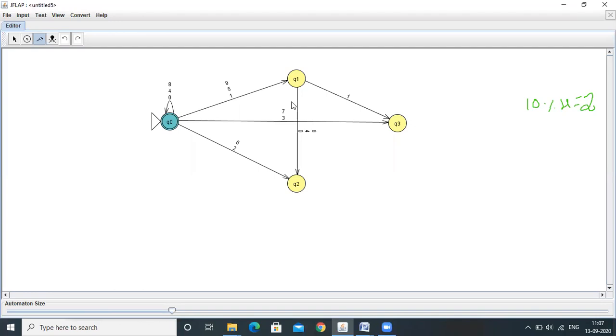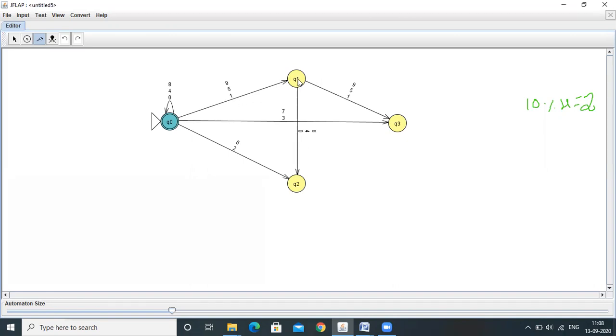Q1 on 5 gives 15, remainder is 3 only. On 9 also it is the same, so this one is completed. 048 completed, 159 completed. What about 6 and 2?